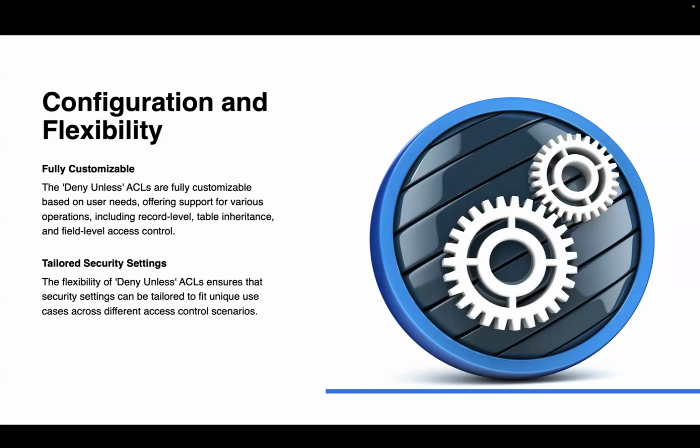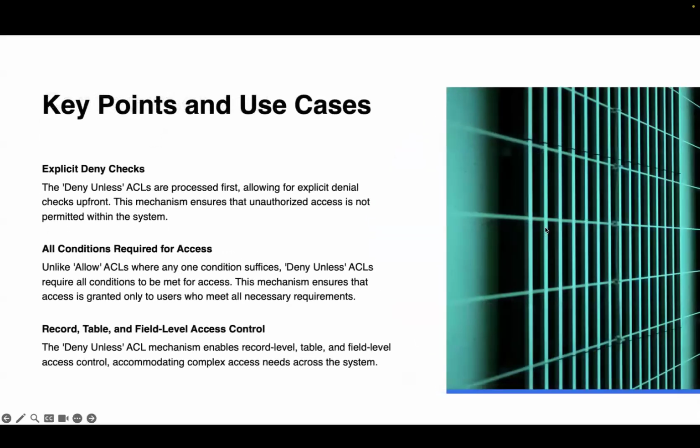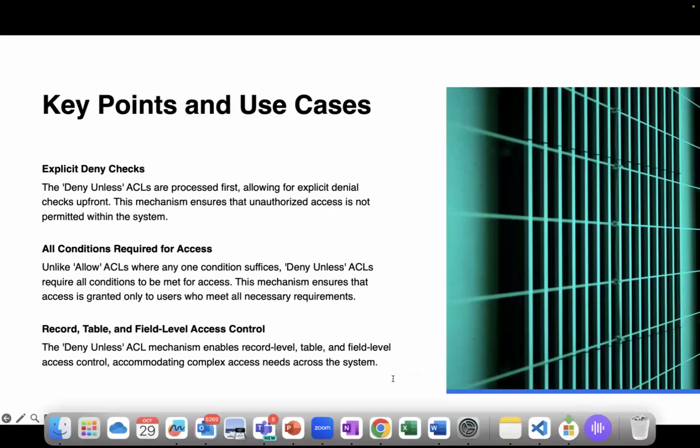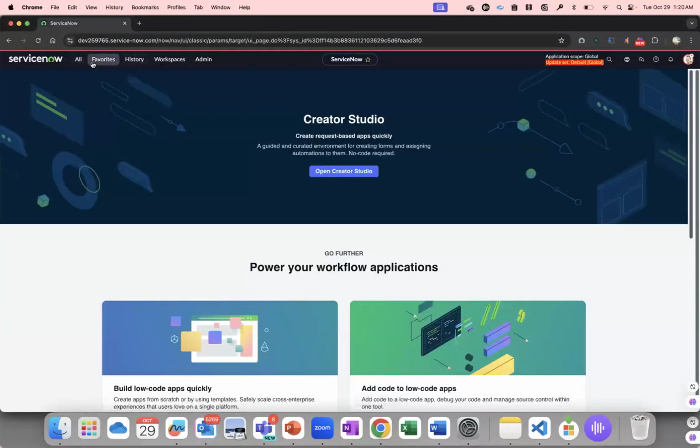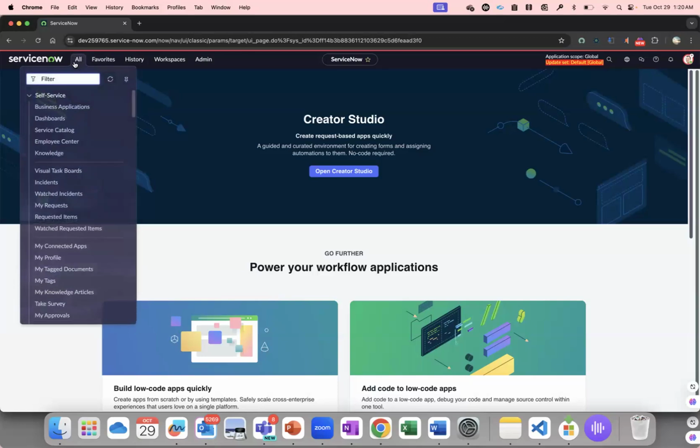So this creates a more stringent check. This flexibility to apply deny unless across multiple levels, such as record and table, ensures that our access control is thorough and very well tested. Going forward to the next slide, we have already discussed these points, and I'll stop here in the slides and quickly run through the simple demos that we have.